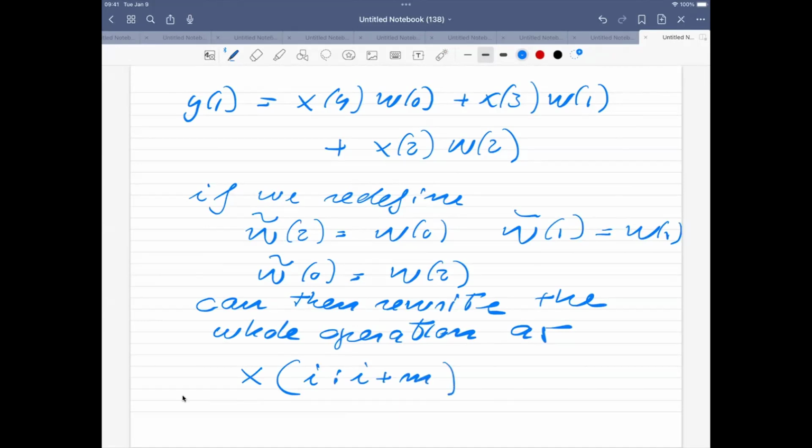This is just a vector which starts with index i and goes to i plus m, where m is the length of this vector w. And I can simply look at that as a dot product of these two vectors. So that is a considerable simplification of that operation. But we have introduced something which we have called padding.